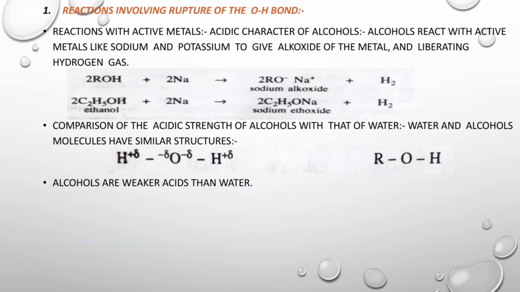The alkyl group releases electrons to oxygen, so the electron density at the oxygen atom increases. The presence of the alkyl group in alcohol increases the electron density at the oxygen atom, due to which the oxygen atom shows a lesser tendency to withdraw electrons from the hydrogen atom.